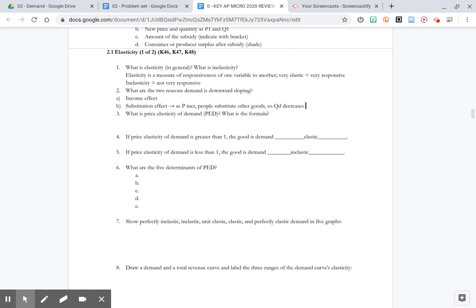That's the substitution effect: if the price goes up, then people will buy less, because they're going to just buy other stuff. The other reason why demand is downward sloping is that as P increases, people have less available income to spend, so QD decreases. So usually they move together.